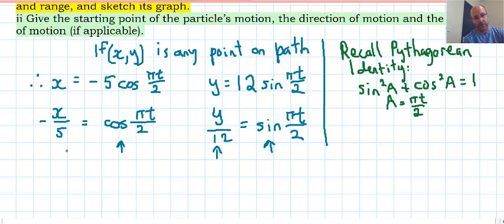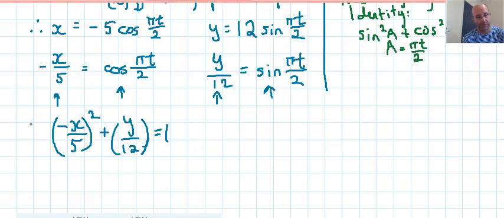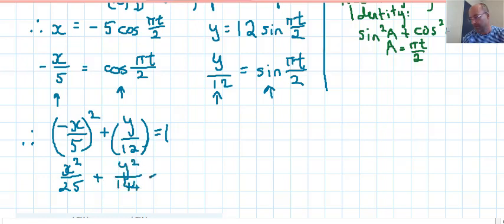Likewise, instead of having cos squared, we can have negative x on 5 all squared. Like so, and evaluating that, we have x squared over 25 plus y squared over 144 equals 1.